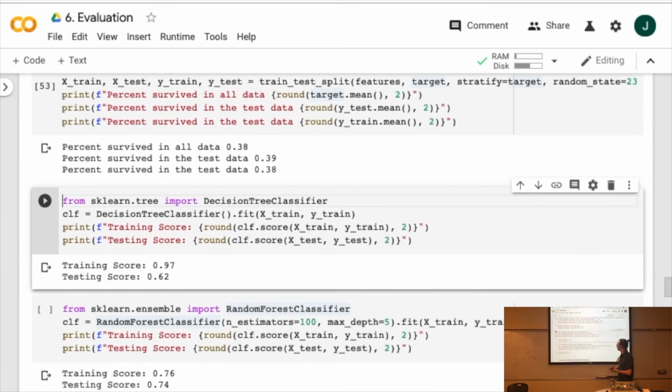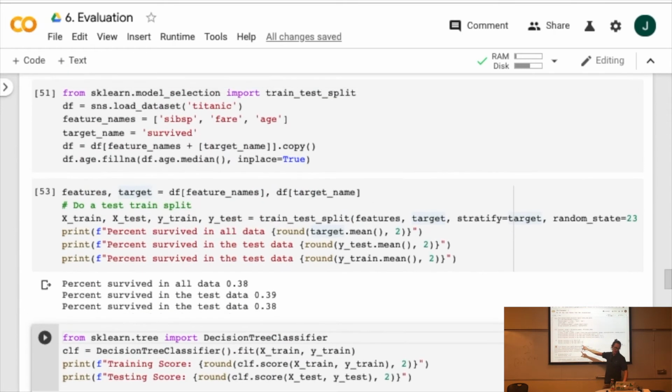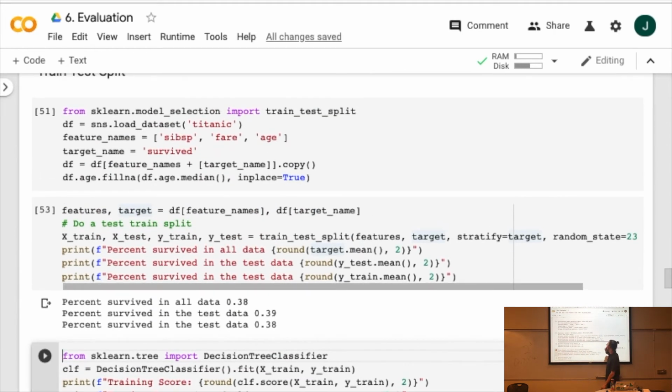So now we've done a random forest classifier, and we did .fit on the X train and the y train. And notice the difference. Up here, a decision tree we say can overfit, right? And that's what we can see.